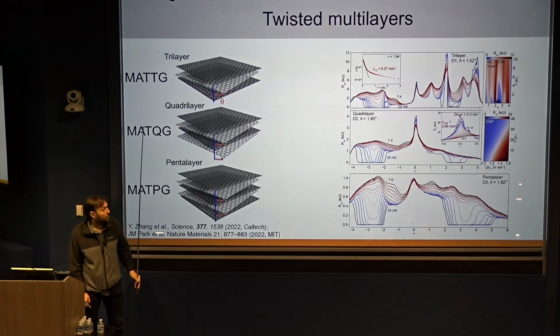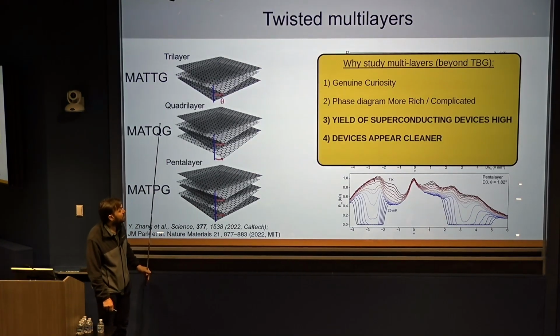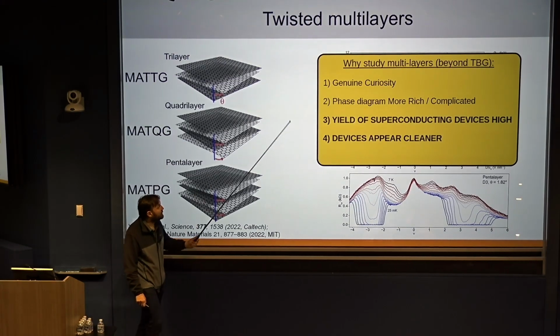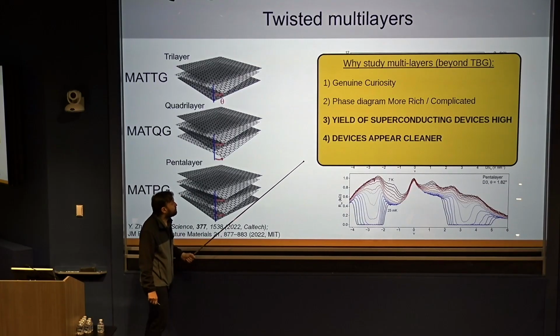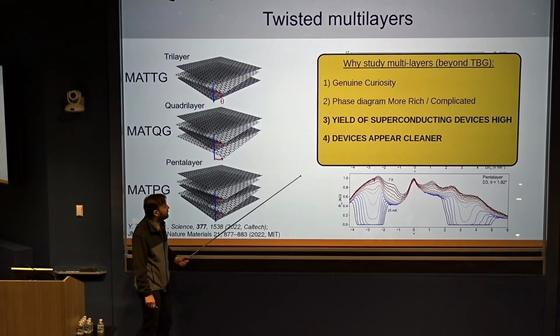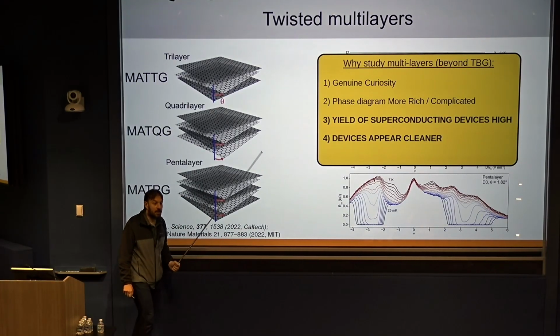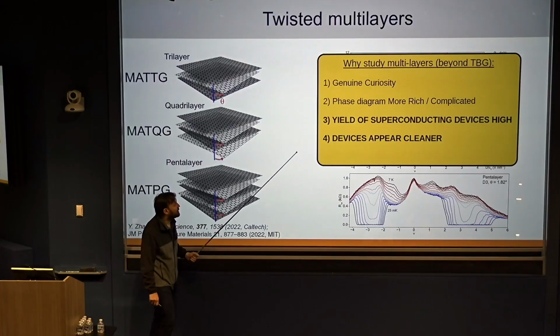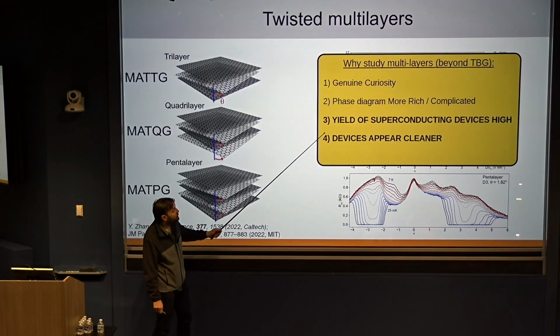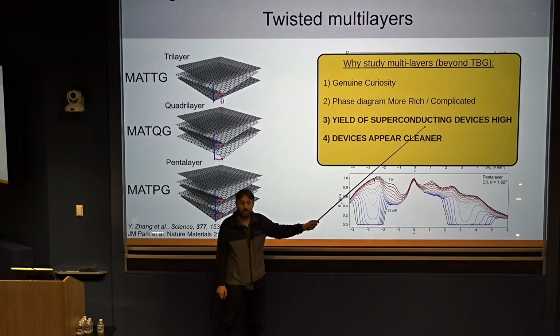And if I go a step further, I can just say, why would you study these? Why would you go beyond TBG? You can have various personal reasons to do it, but experimentally, there are 2 things that happen when going to multi-layers. One is that the yield of superconducting devices is extremely high.